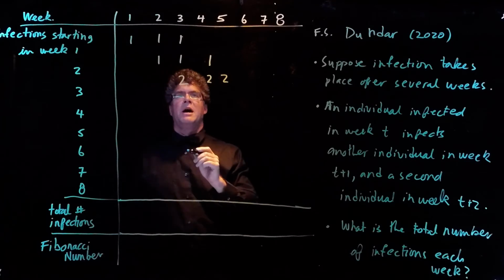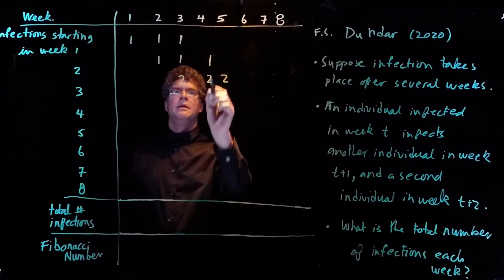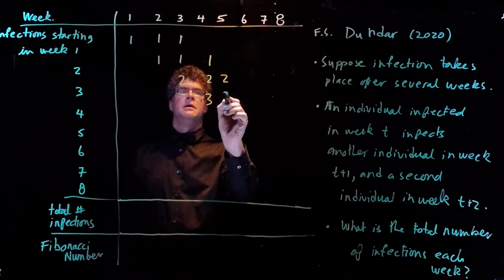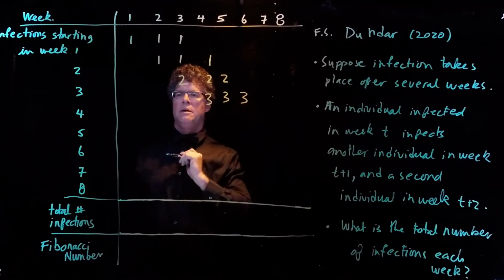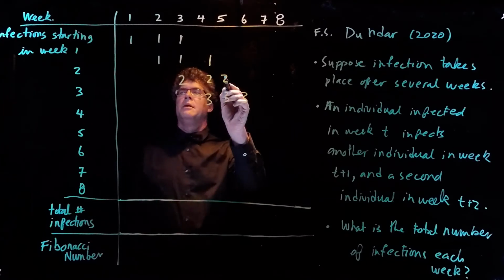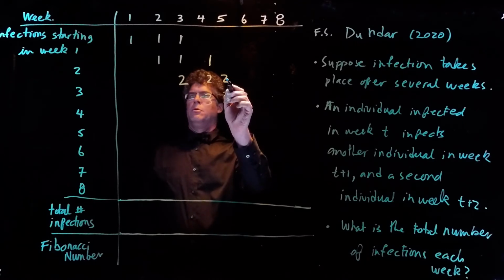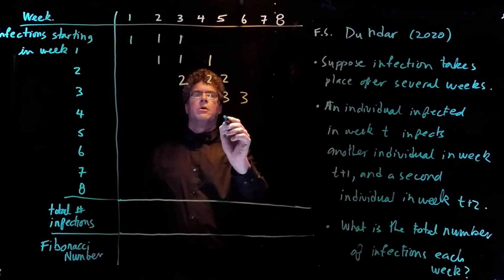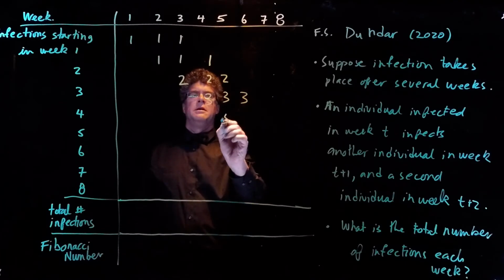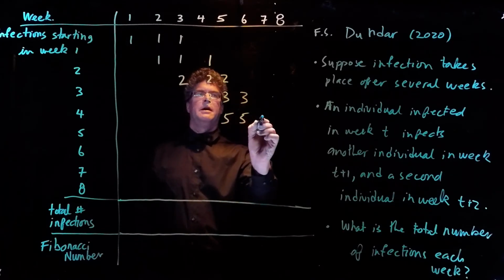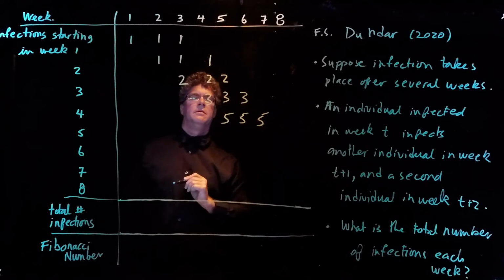You can kind of see a pattern here. And then we have 3, 3, 3. And then in week 5, we have individuals that were alive, born in week 3 and in week 4 are producing new individuals. And we'll have a 5, 5, 5.